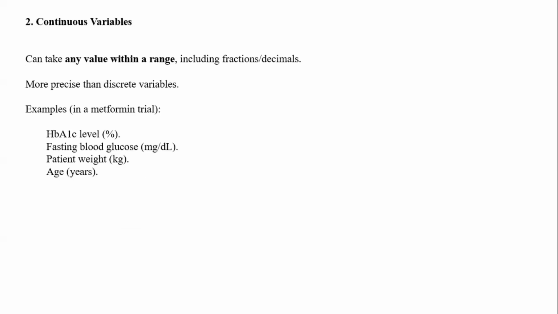Next, we have the continuous variable. It can take any value within a range, including fractions and decimals, and is more precise than discrete variables. For example, the level of HbA1c, in the metformin case I gave earlier.